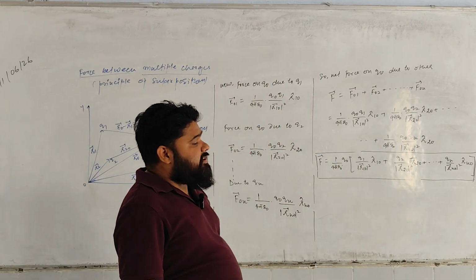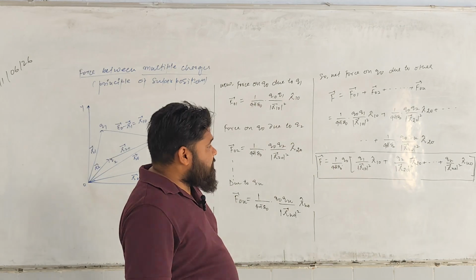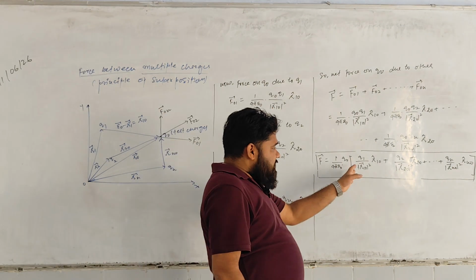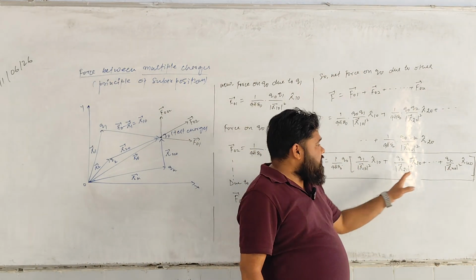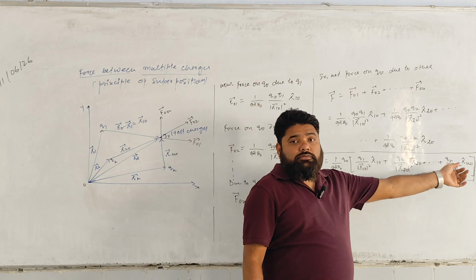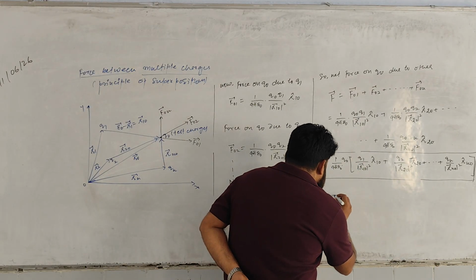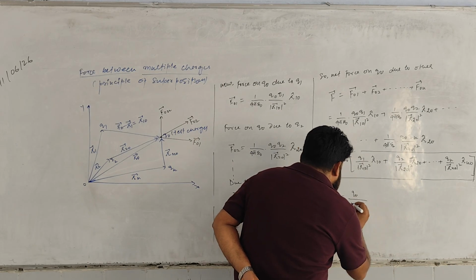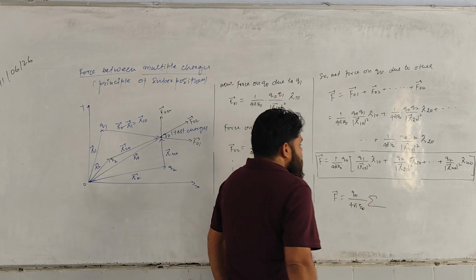If we write this expression in a single term, we can also write this expression in terms of summation. And when we write in the form of summation, we have to see, is there any kind of discontinuity? There is no discontinuity in the entire term: due to 1, due to 2, due to 3, due to 4, up to due to n. So we can just write in terms of summation, that is q naught over 4 pi epsilon naught summation.